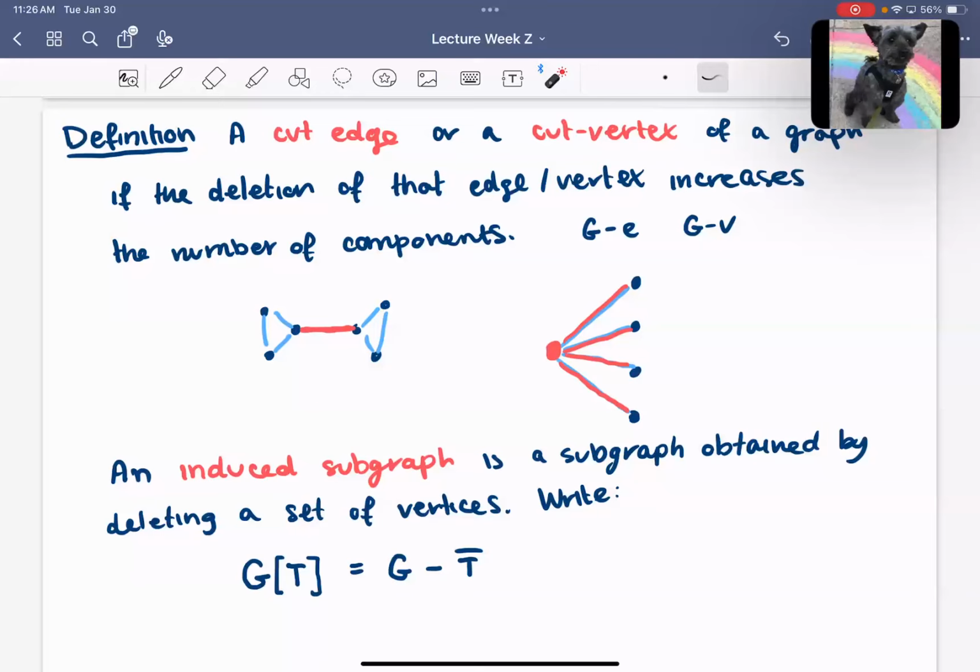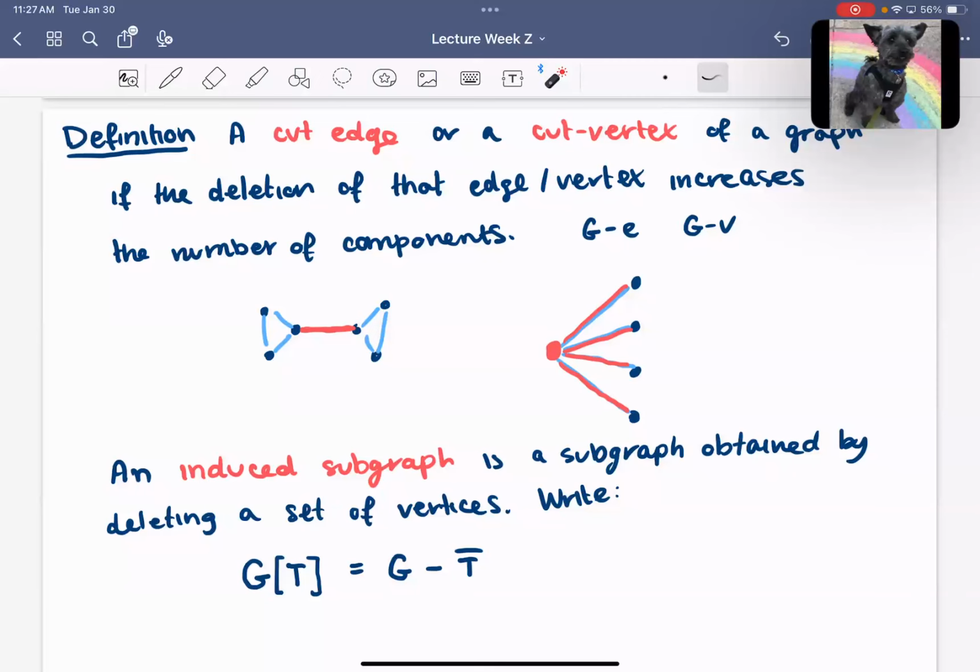Let's look at, for example, this edge. Is this a cut edge? Why? Yeah, is it because it's part of the cycle? Yeah, it's part of a cycle. Intuitively, this edge didn't really separate these two vertices because there's just another way to get from that vertex to the other vertex.